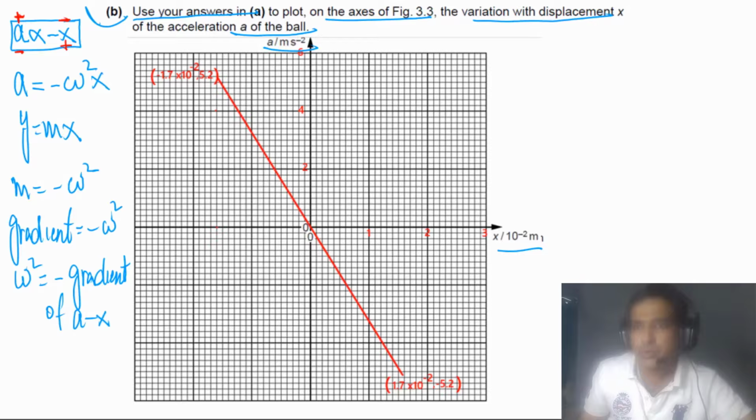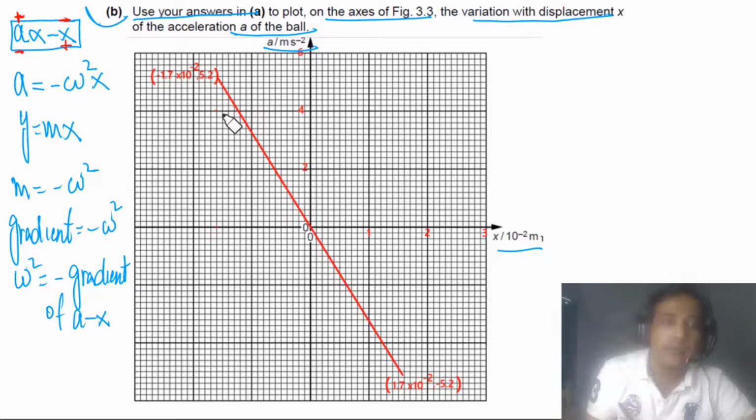Actually you need not worry about the numbers, because these numbers we have already calculated; in the exam these numbers will be given to you, but our main focus is on how to sketch the graph. In the question it was given that when x is equal to 1.7, the value of a is equal to negative 5.2.